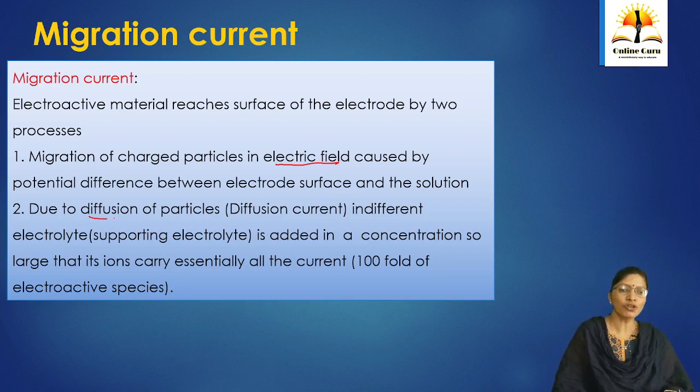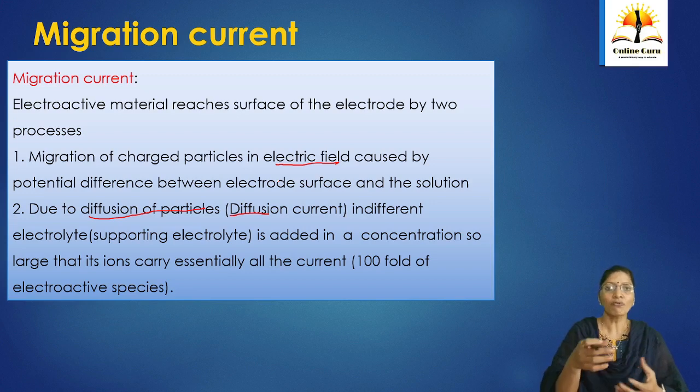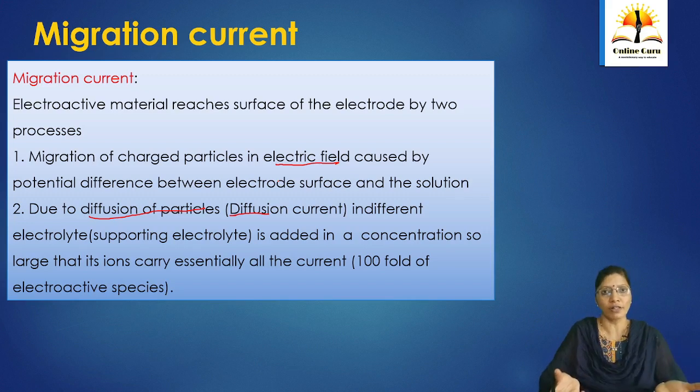Now what is the next type of process? It is diffusion of particles. What is meant by diffusion? See, when there is a rush, and inside the rush you want to move forward, what do you do? You push the rush aside and make your path to have your mobility, right? So what is happening with the analyte? It is surrounded by the supporting electrolyte, which is of larger concentration.